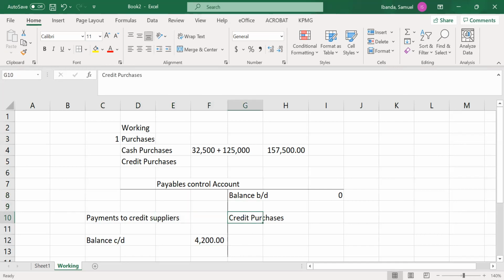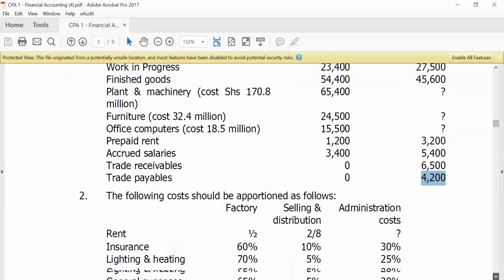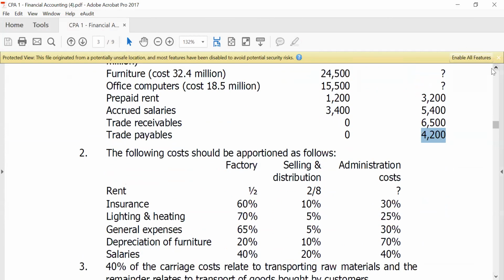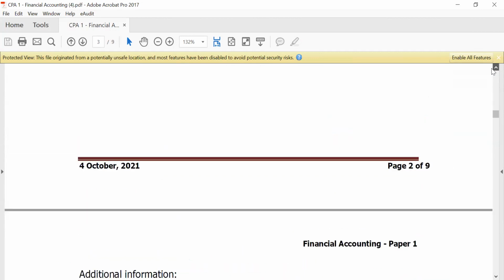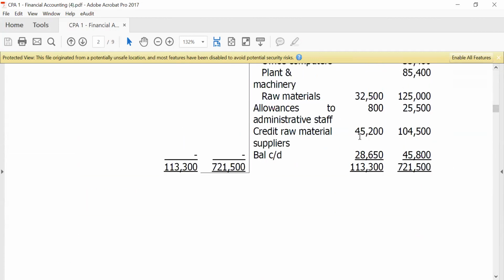So what I'm now going to do is look for the information that relates to the payments to the credit suppliers for the raw materials, which is the summation of these two figures, 45,200 and then 104,500. So I'll just get them and add them together.